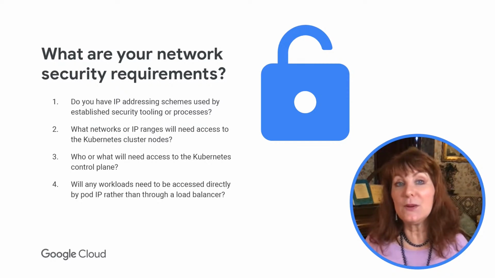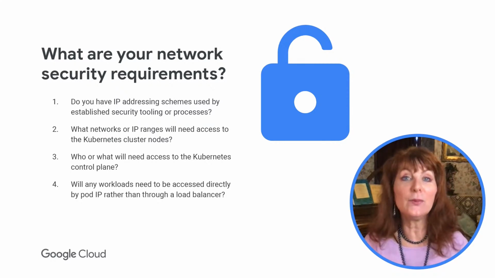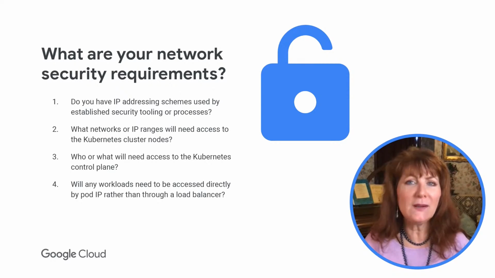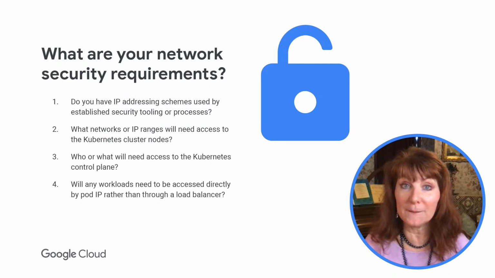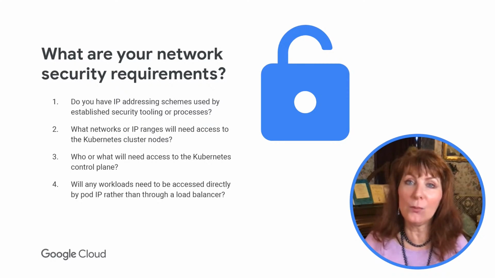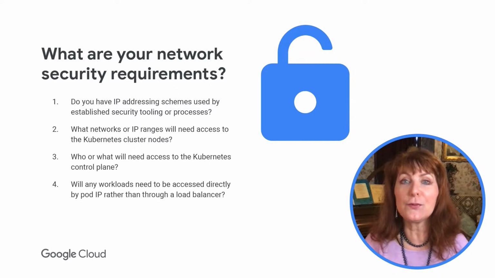Next item would be what networks or IP addresses need to access the Kubernetes cluster nodes. You need to understand the connectivity requirements for your nodes. And also, who or what will need access to the Kubernetes control plane. Remember, access to the control plane is only required by users or tooling responsible for managing work nodes and, of course, the infrastructure.